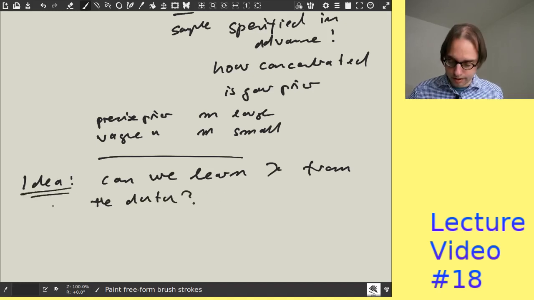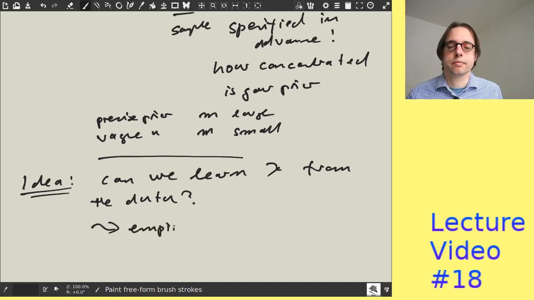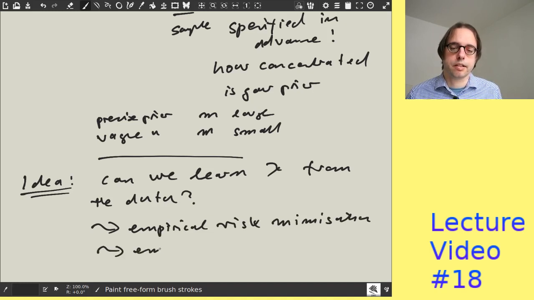And this can be answered positively, and this leads to the idea of empirical risk minimization, and also links with empirical Bayes.